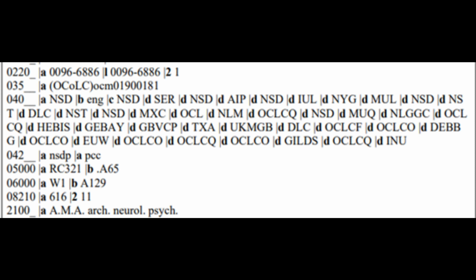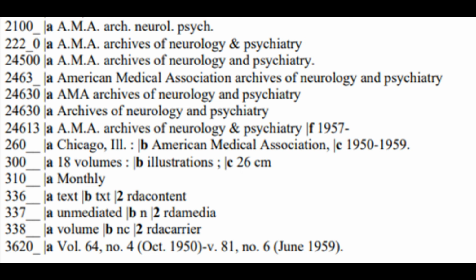So in this case, let's proceed to tag 210. Tag 210 is the abbreviated form of tag 245, which is the complete title. And tag 222, that is the key title, and it is the unique title for a continuing resource that is assigned in conjunction with an ISSN record.